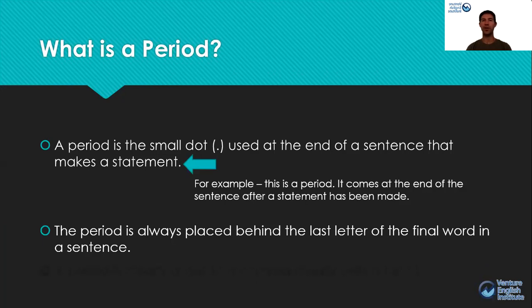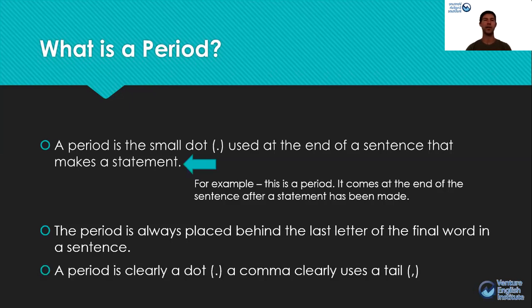Just a quick note, the period is always placed behind the last letter of the sentence. And also worthy of note is that the period goes right next to the last letter of the last word. And then there is a space after the period before starting the first letter of the first word of the next sentence. So make sure that you have the placement of that period correct.